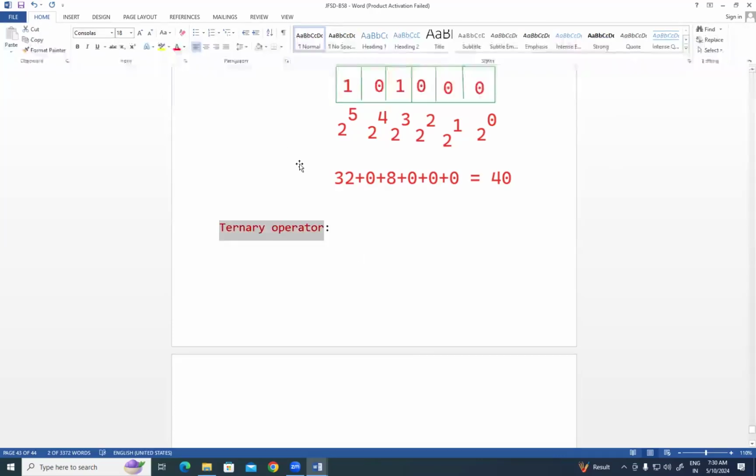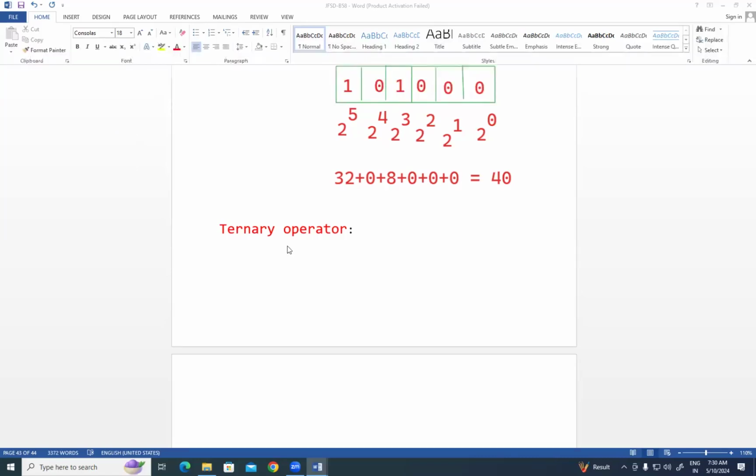One operand, or we can also call it a single value, right? Binary operators work with two operands, like a plus b, a minus b, a into b, a modulus b. These are all binary operators.